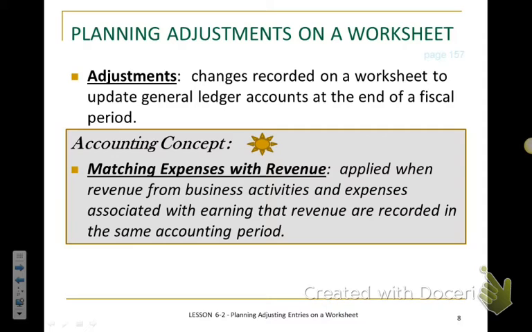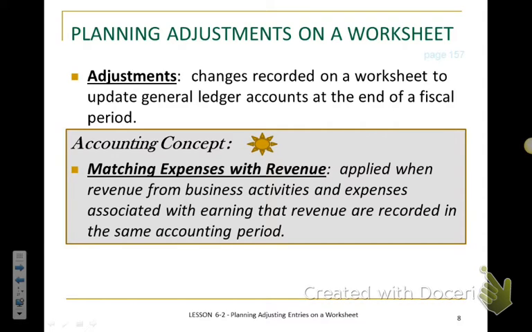Think about, too, like when a company builds a road. Very hard to easily say, oh, well, how much of the road is built? How much revenue did you earn? Okay? So businesses have to come up with a methodology for recording and reflecting what is the revenue that I earned during a fiscal period, what's the expenses that were used to generate that revenue.